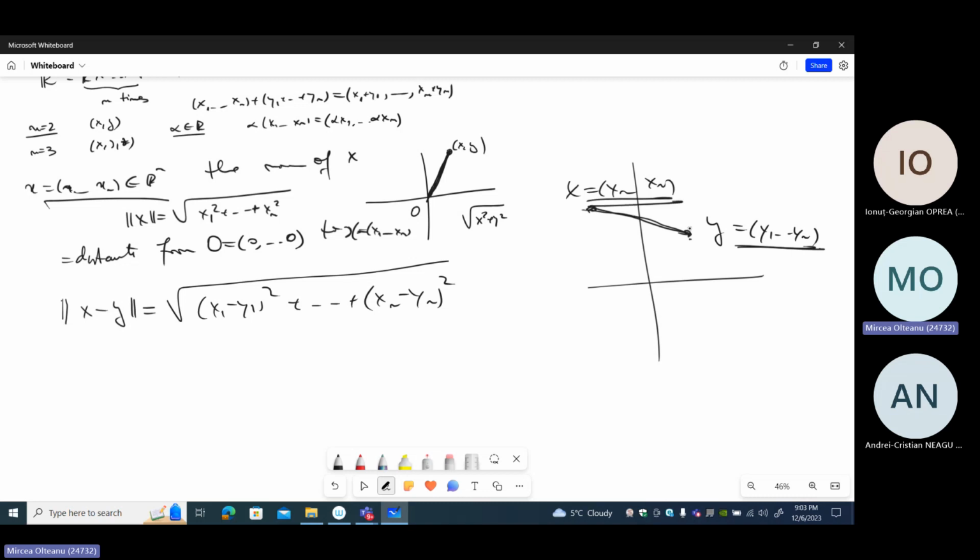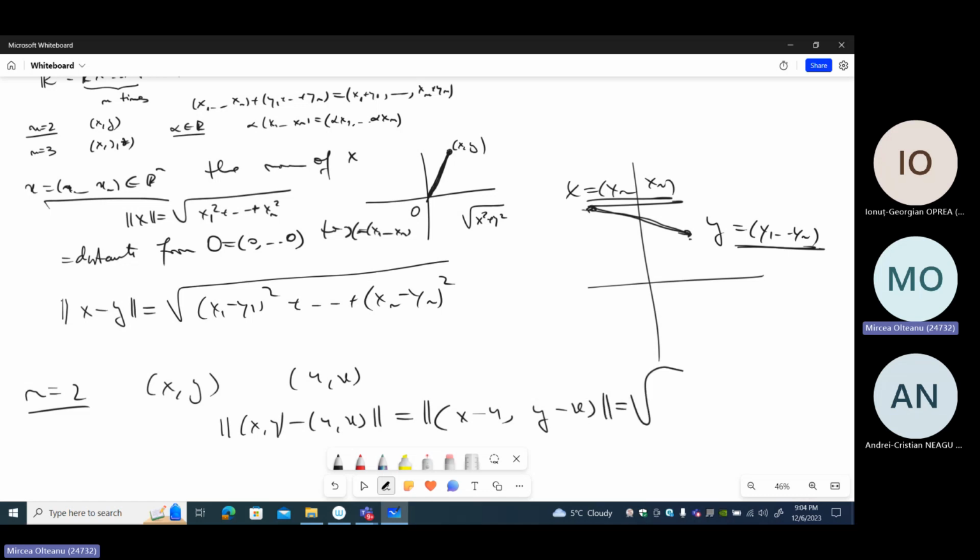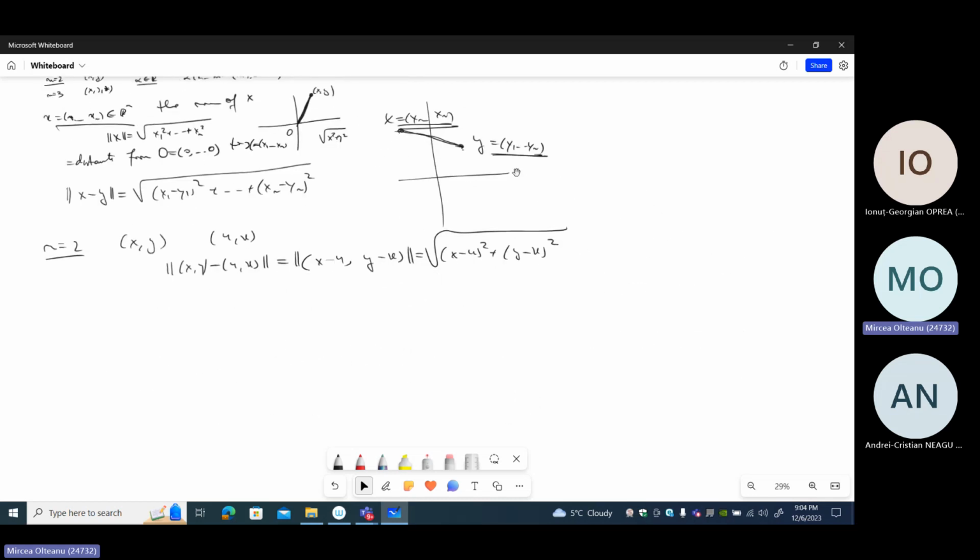So for n equals 2, the distance between the point (x, y) and the point (u, v) will be the norm of (x, y) minus (u, v), which means the norm of the vector (x minus u, y minus v), which means the square root of (x minus u) squared plus (y minus v) squared. Something similar holds in 3 dimensions. If n equals 3, I don't write it anymore.